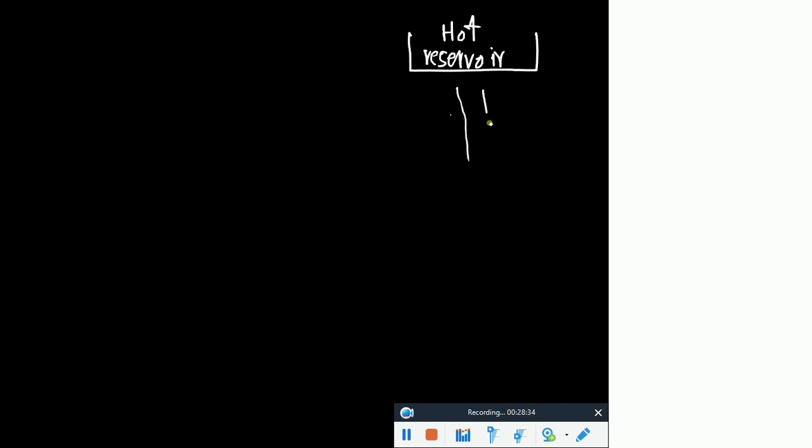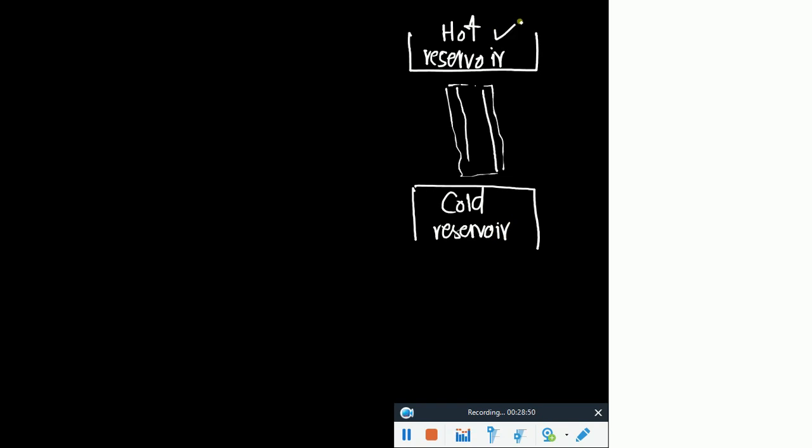You have some system with you. This is your system, and I would just mark it with this dashed line. And then you have a cold razor wire. Now this is your hot body, this is the cold body. You cannot have this flow of heat from this cooler body to the hotter body. You can't have it till the time you do some kind of work on the system.